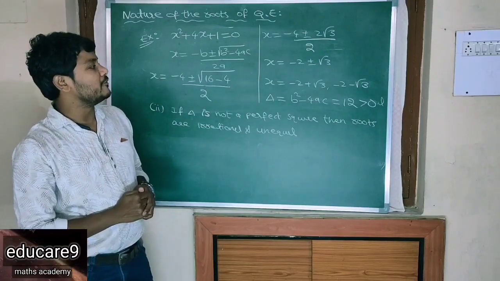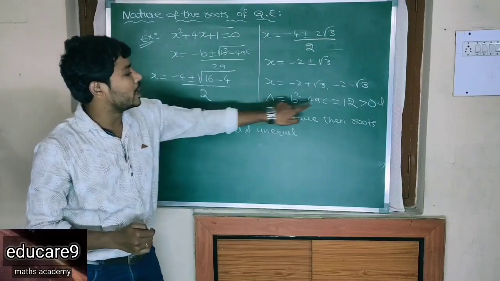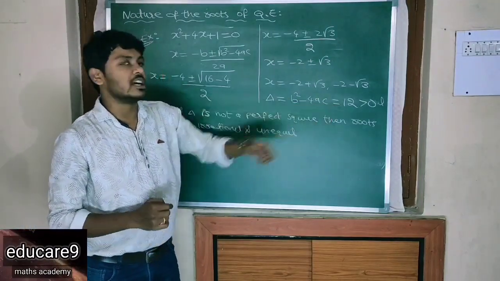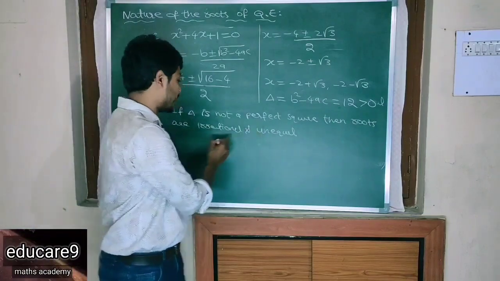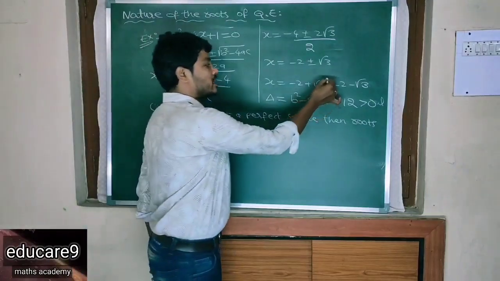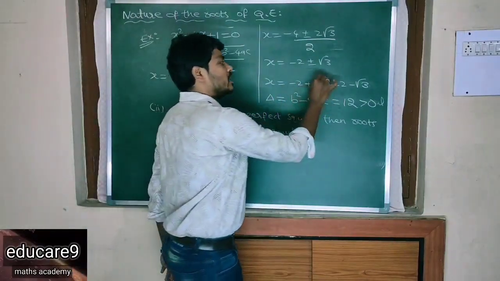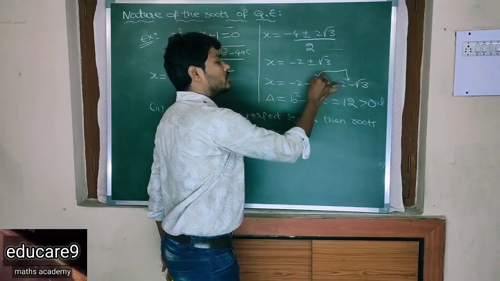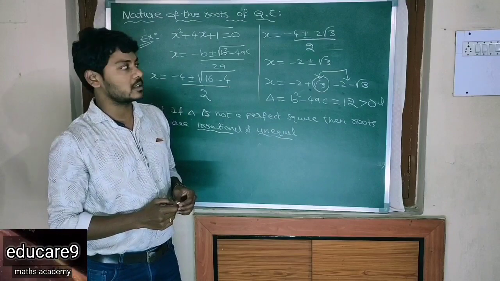And also, if delta is not a perfect square, so here delta is 12, and 12 is not a perfect square. In that case, roots are irrational and unequal. So clearly root 3 is irrational, minus 2 plus or minus root 3 is also irrational. So these are irrational roots and both are unequal. So that is the first case.